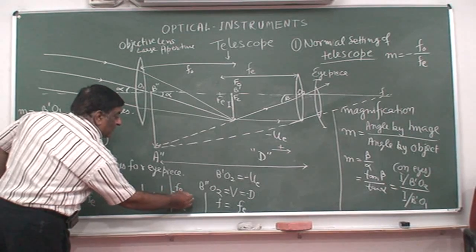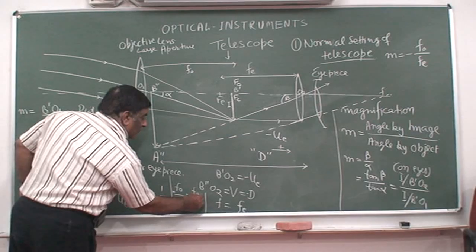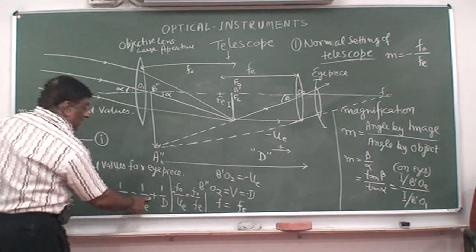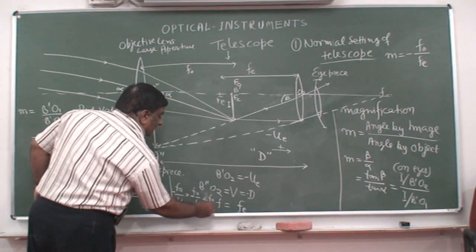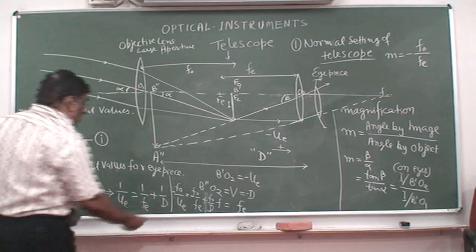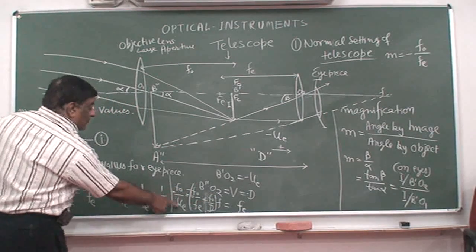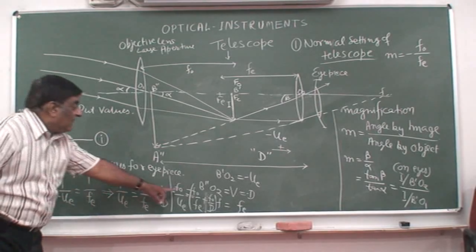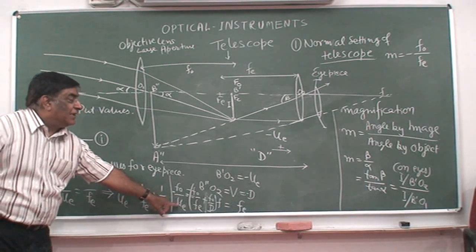So this will be equal to minus FO upon FE plus FO upon D. This is the value of minus FO upon UE, which is the magnification. So we have calculated magnification here.